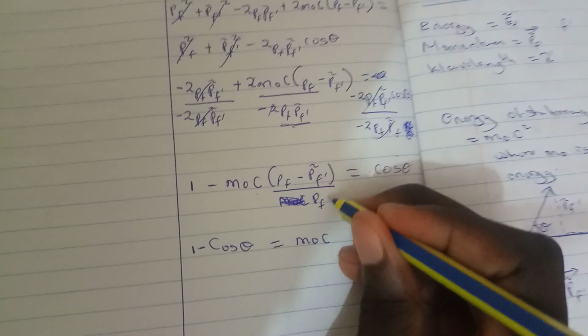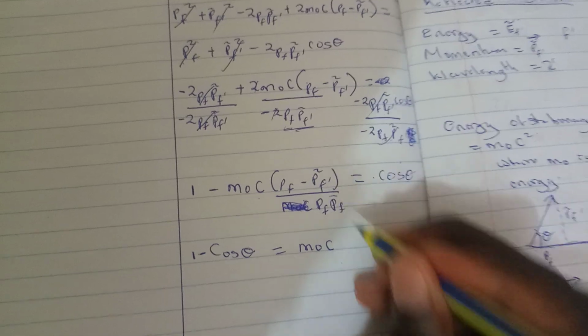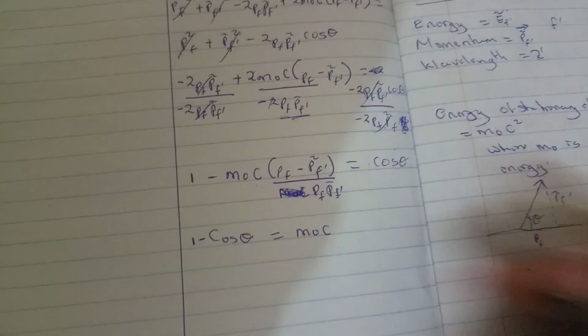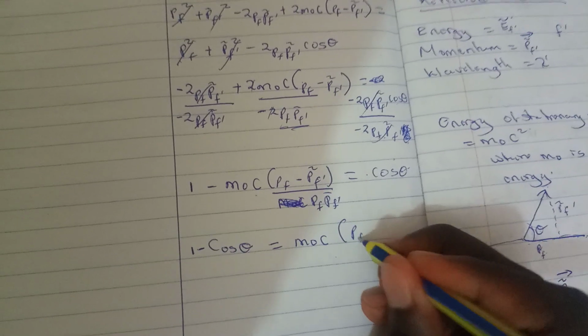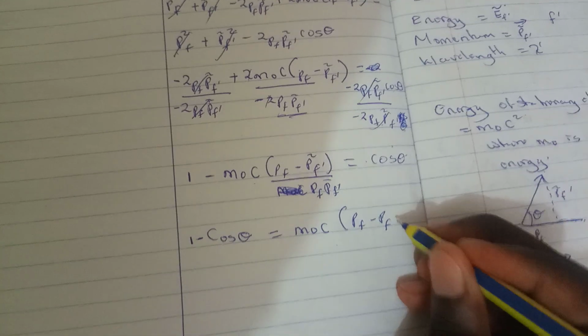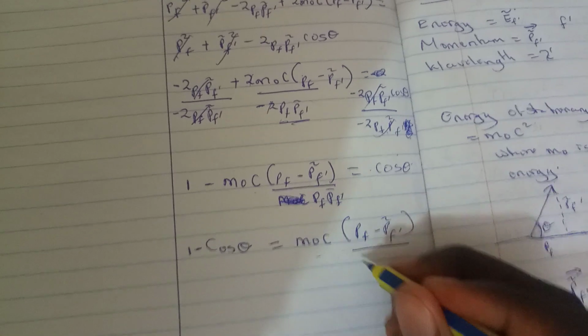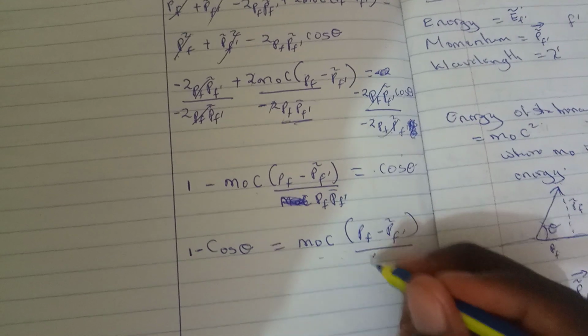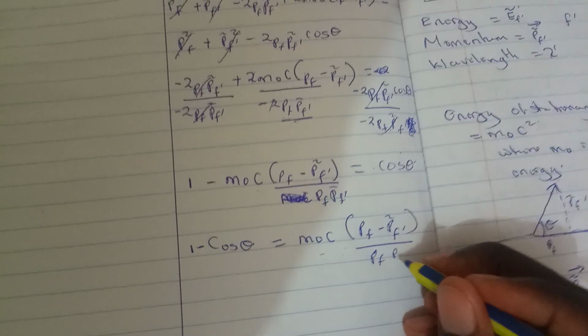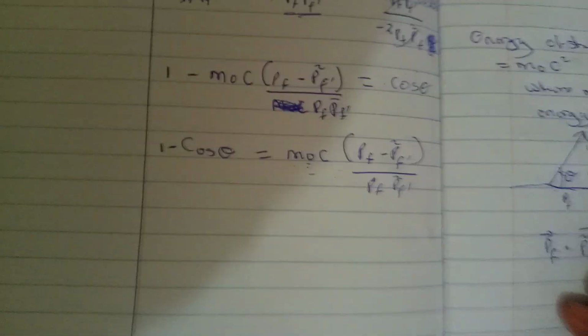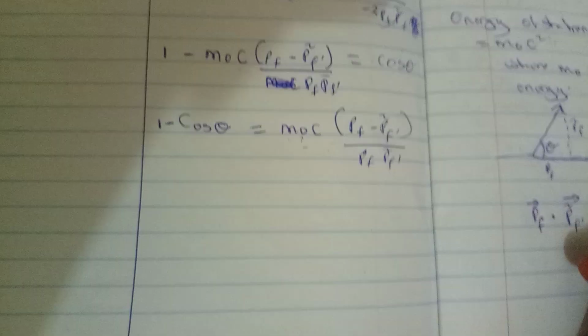So we have pf minus pf prime out of pf prime. Sorry for the network disconnection, but let's continue.